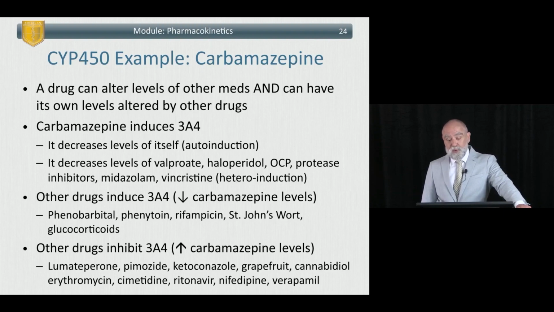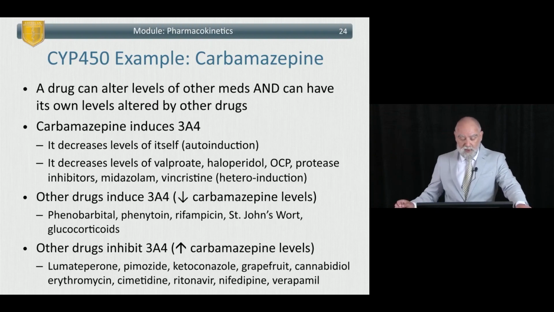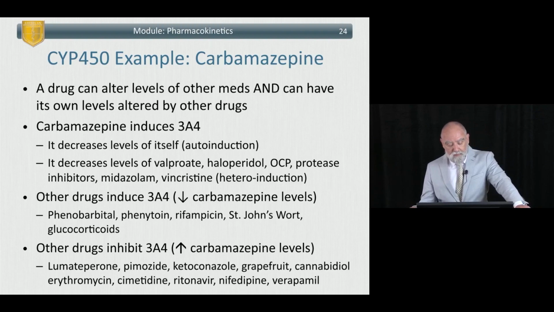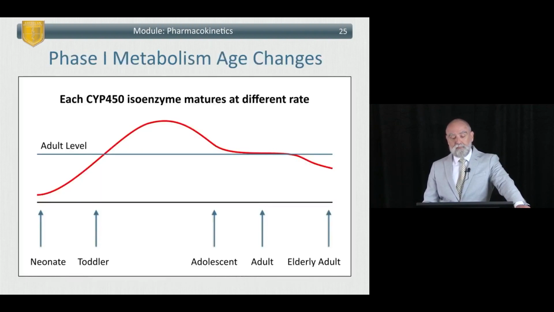Those are all you should know; remember those, underline them or highlight them, that they are 3A4 inhibitors, because all of those have been tested. There are other ones which are less important for us to know, but just so you know, there are many other ones. They include cimetidine, ritonavir, nifedipine, and verapamil.